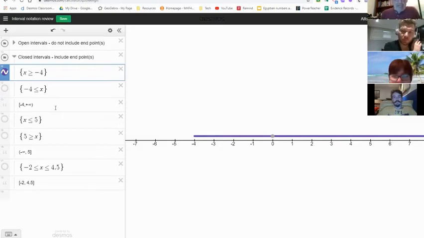It's unlimited. So any interval that includes infinity will be open on that end because we cannot reach infinity. So notice that the bracket on the left side is a square bracket. That tells me it is closed on that side.